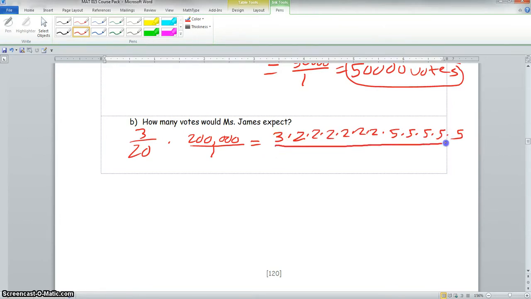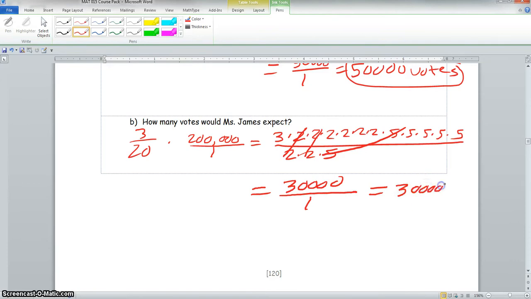And that's divided by 20, which breaks down to 2 2's and a 5. So we have 2 sets of 2's that simplify out and 1 set of 5's that simplify out. Now we have to multiply this out. So this will end up being 30,000 over 1. So Miss James can expect 30,000 votes.